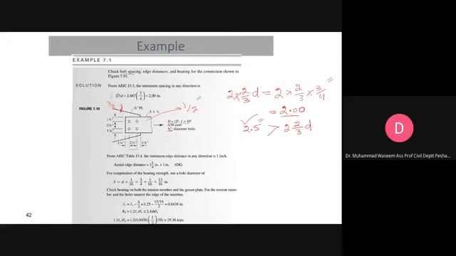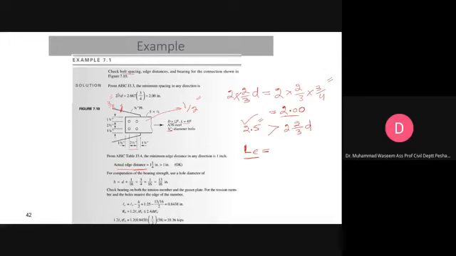Now we have to check the actual edge distance. Actual edge distance is from the center of this bolt to this edge, and the given distance is 1 by 4 inches. It is asking for this LE value, and for a bolt of 3 by 4 inch diameter, the minimum edge distance is given.